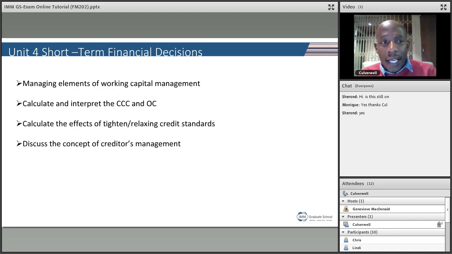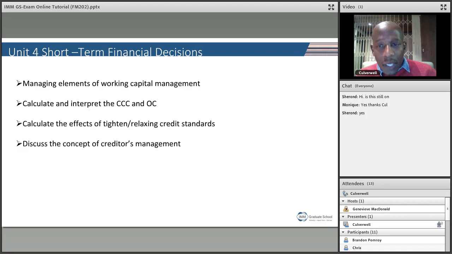That's what cash conversion cycle is. So as one manages net working capital, you need to have your cash conversion cycle as short as possible because you wouldn't want to be tying up a lot of cash in accounts receivables or in inventory, because you know we've got a cost which we call opportunity cost.